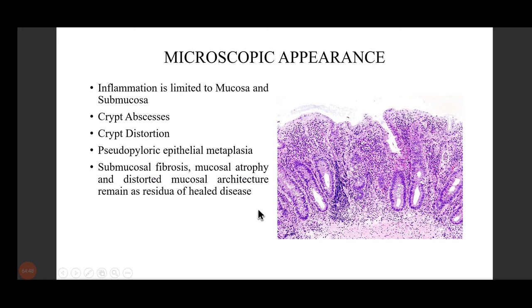Okay, you will see in the subsequent slides. Good, at least somebody is awake. Change in epithelium. Good. Then submucosal fibrosis, mucosal atrophy, and distorted mucosal architecture remain as residue of the disease.